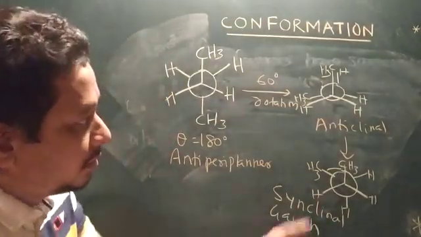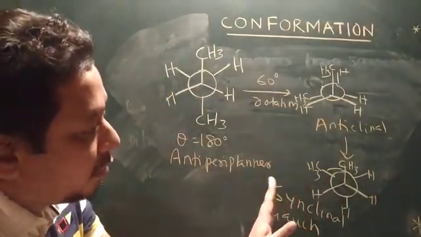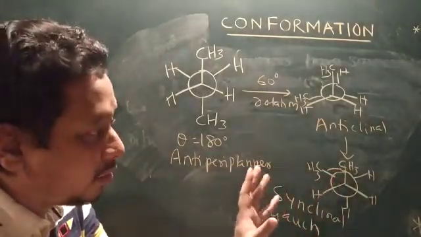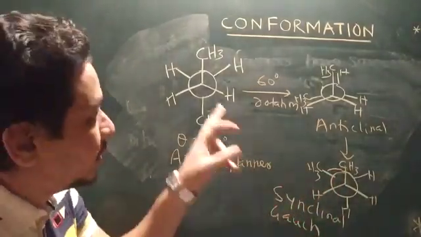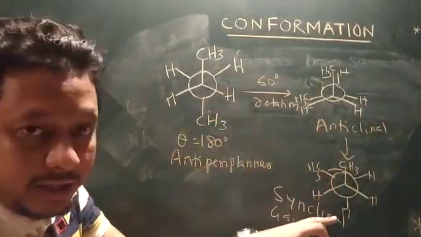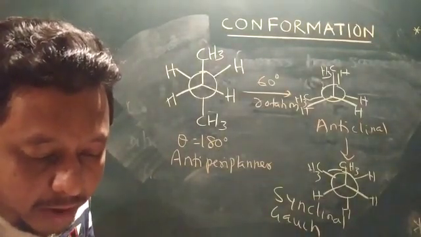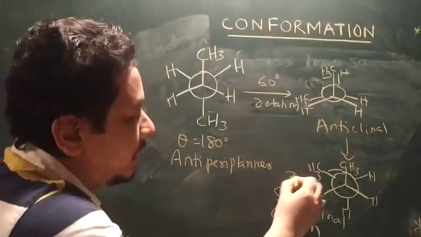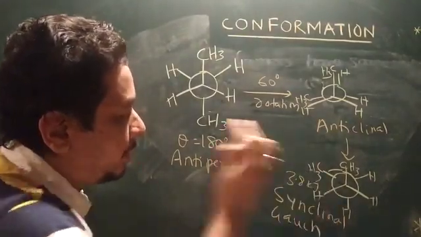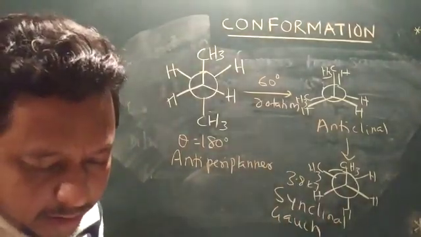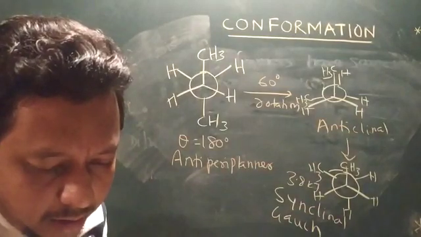Definitely this is going more towards the CH3, so van der Waals repulsion is increasing, and stability is decreasing over here. Now this is associated with around 3.8 kilojoule per mole energy, this structure.